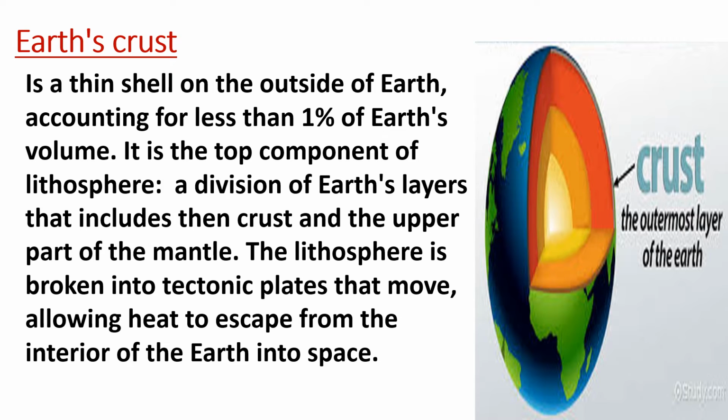The lithosphere is broken into tectonic plates that move, allowing heat to escape from the interior of the Earth into space. This is where the crust of the Earth is being described in this picture.